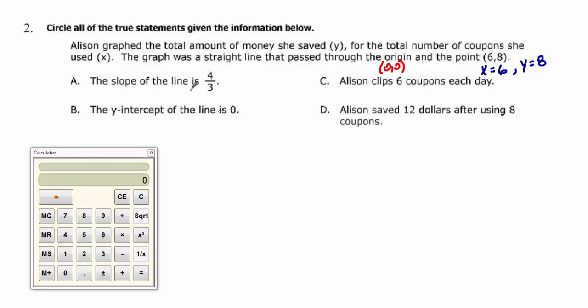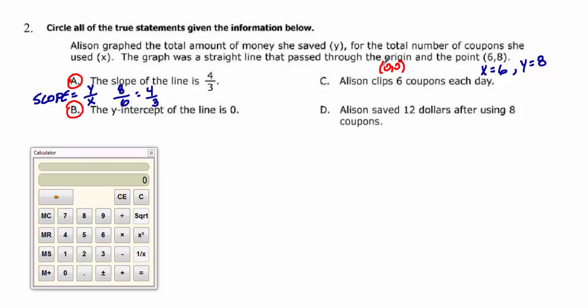Here come our questions. Slope of the line, 4/3. Well, slope is equal to y over x. So we have 8 over 6. And yes, that does in fact simplify to 4 over 3. True.